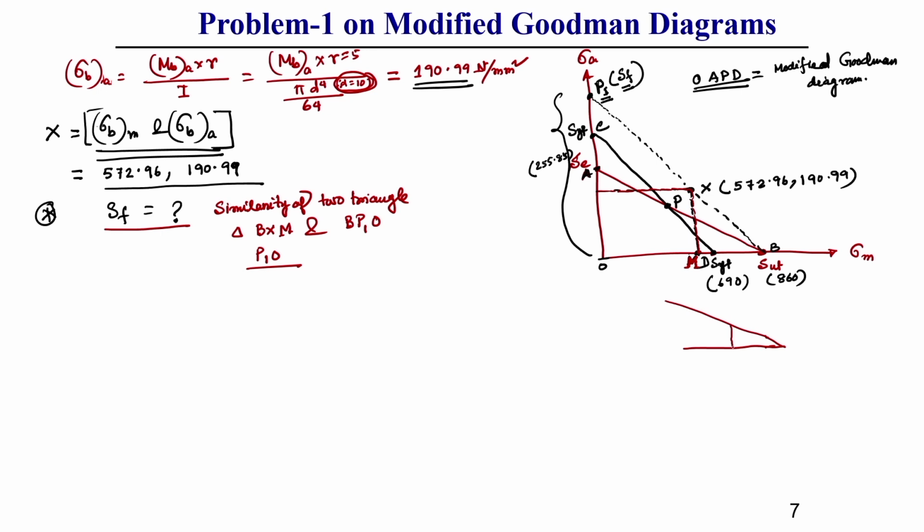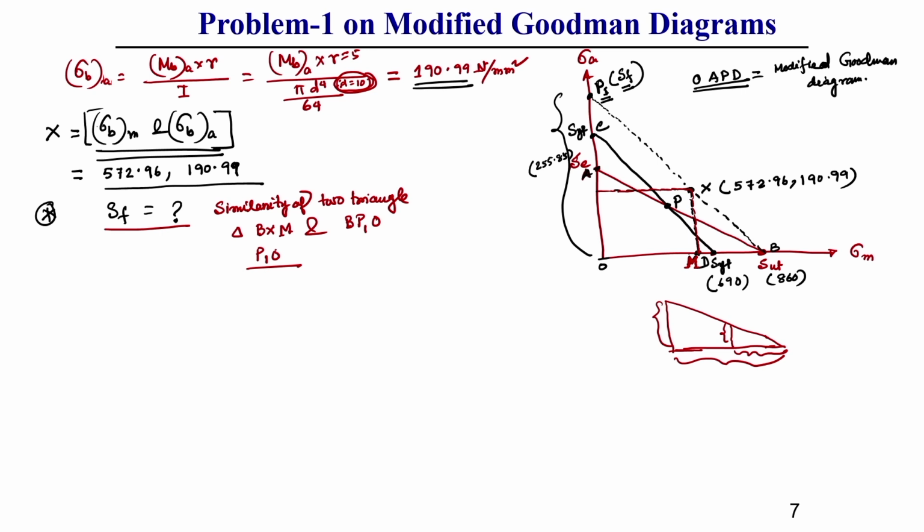So, this is one triangle, this is another triangle. If these two triangles are there, then this by this ratio, this divided by this ratio. That thing generally here we are doing.